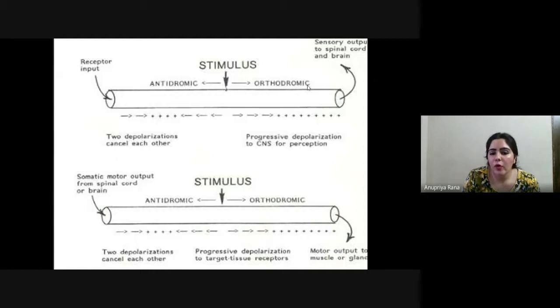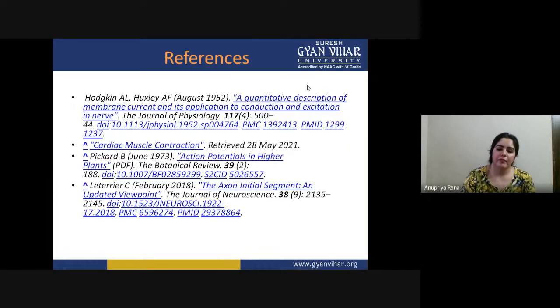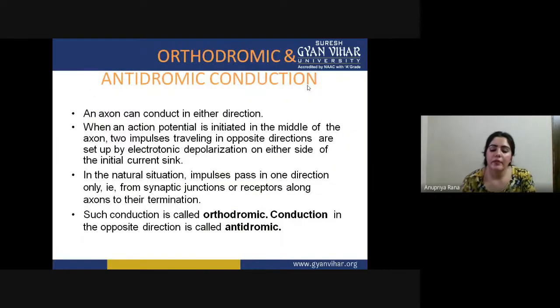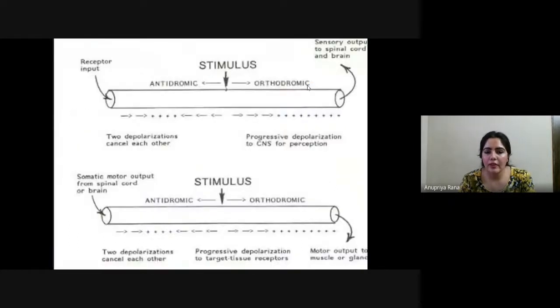In this whole process, you can say the two depolarizations basically cancel each other, and sometimes the information cannot be transferred further if both of the depolarizations cancel each other. This type of situation can also be seen with some stimuli. This is very important, how these stimuli work.